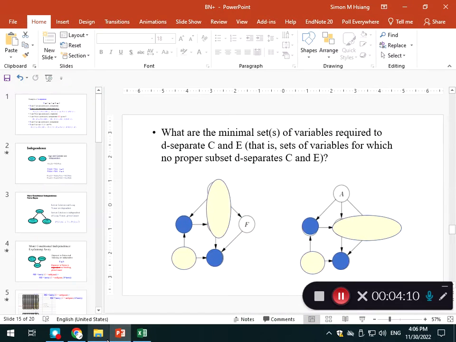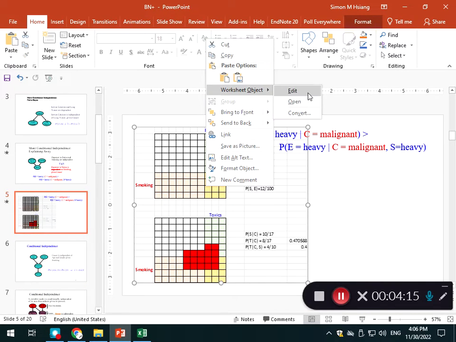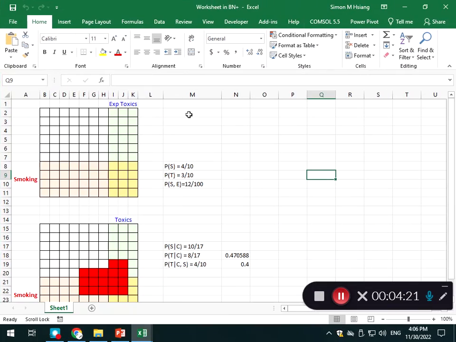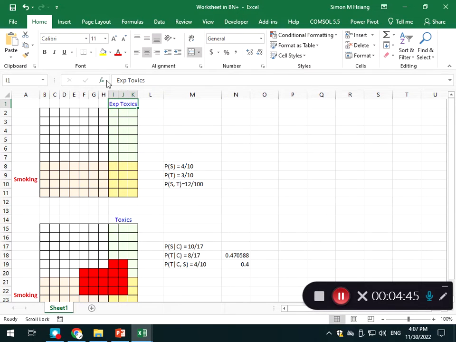If I have something I consider independent, like someone in a toxic environment and someone smoking, and some people are smoking and in a toxic environment, okay? So here this should be T, not E. Environment is toxic, and here should be exposure to toxic environment.